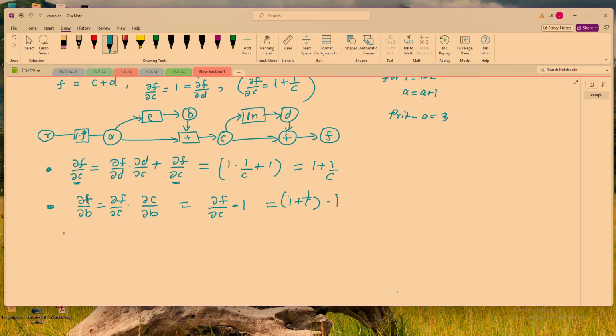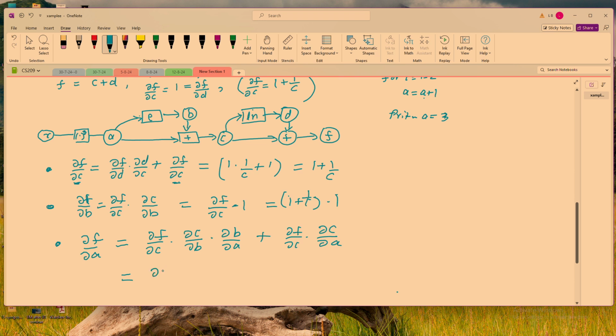Okay, so now when I'm going backwards, df over dA, again I'm going here. Then I had already said just consider B and C and do this, but in case I was taking all the paths backward, so this was df over dc, dc over db, db over dA, this was one path, and this was the other path, df over dc and dc over dA.